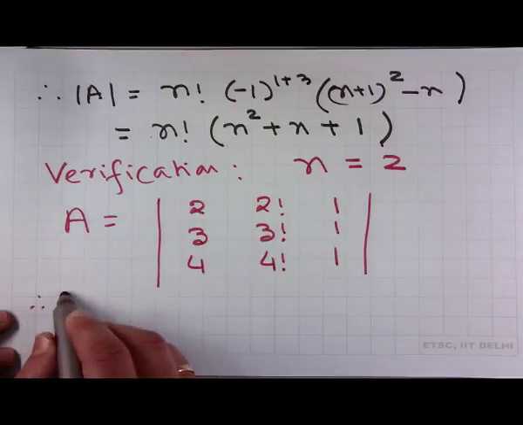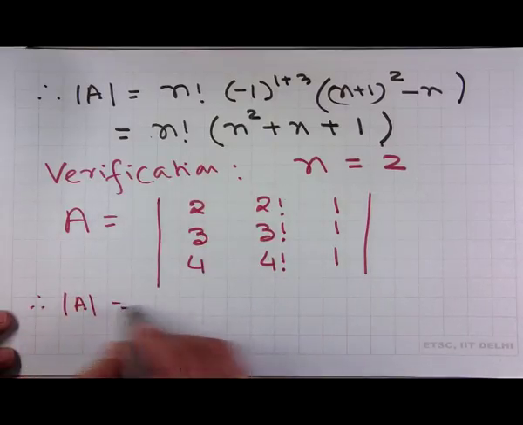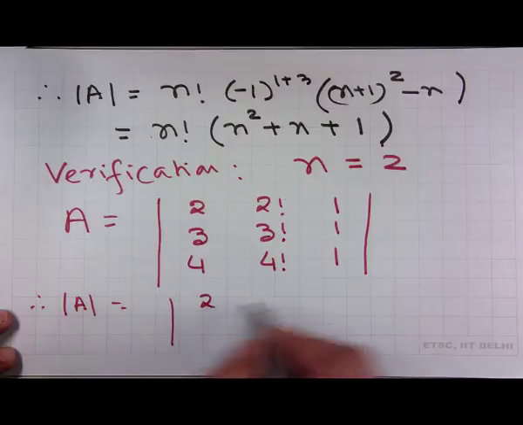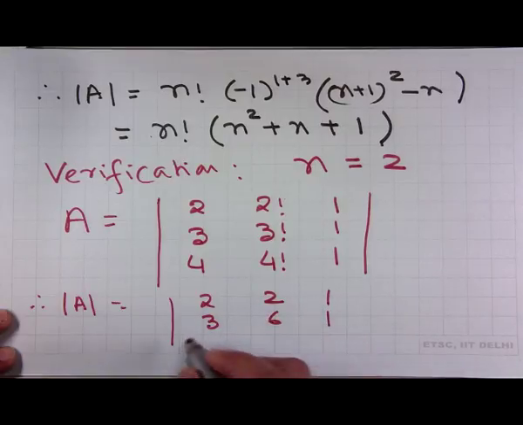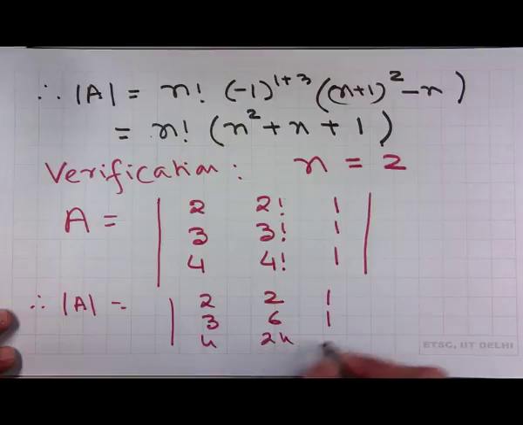Therefore, determinant of A is equal to the determinant of 2, 2, 1; 3, 6, 1; 4, 24, 1.